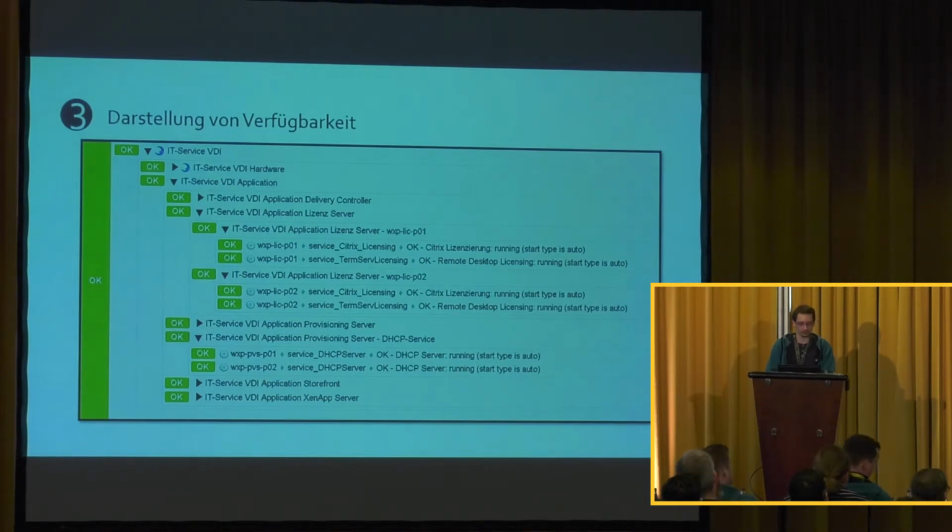Underneath, we have the tree configuration for the components of the IT services, different hosts, several applications, services, and so on. This gives us a quick overview over the live situation.